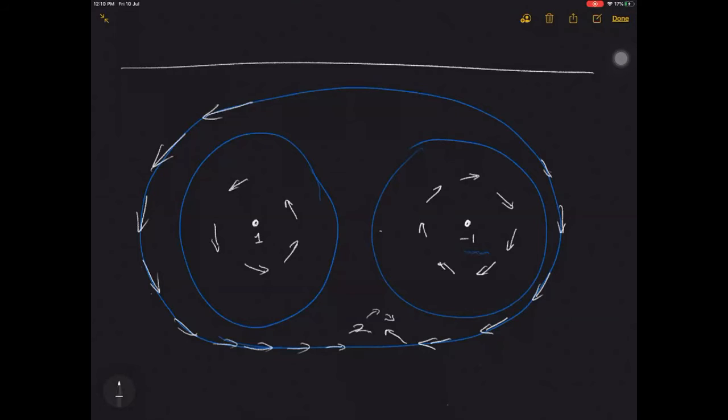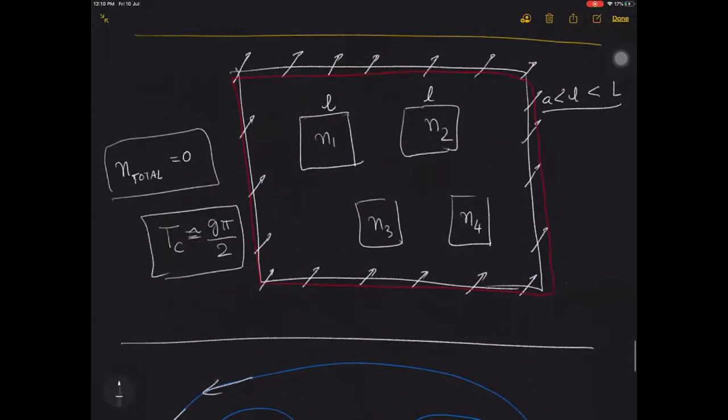So that's like the composition of the vortices with +1 and -1, and then I can have these kinds of situations where locally I have vortices at length scale L, but globally I do not have vortices. So that's like having many vortices, and we expect those to show up at this temperature scale.